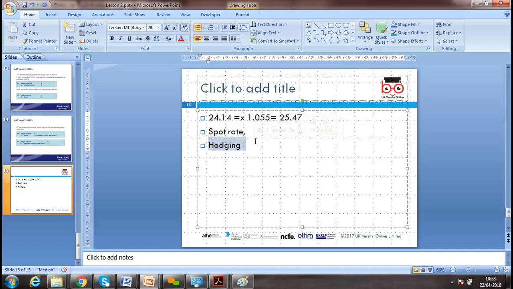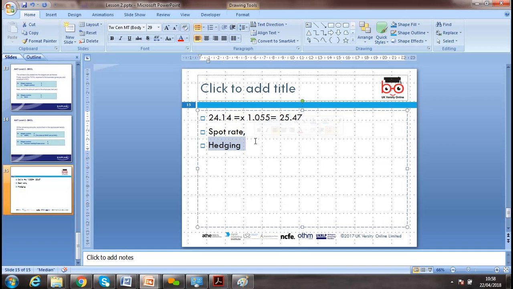Okay, because of the hedge, if we are trading with the UK or with the States, the US, the rates keep on changing. If you are going to make a payment in 3 months' time, maybe you will lose, maybe you will gain. Sometimes the value increases and decreases so much.